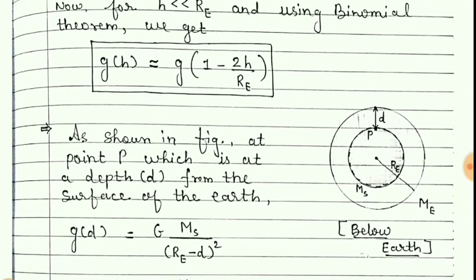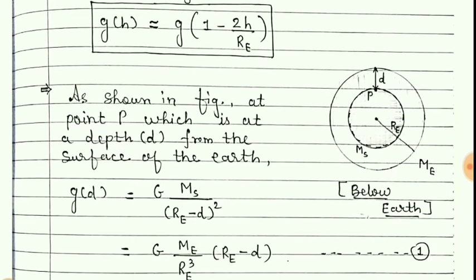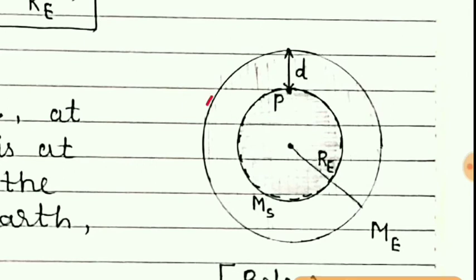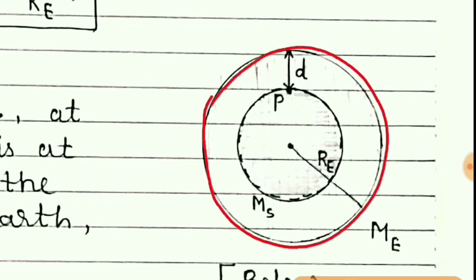Now the next formula is for the depth. Look here in the figure, this is the earth and its surface. Now a point P is selected here, which is at a depth d from the surface of the earth, and we want to find the acceleration due to gravity at this point, which is at this much depth.